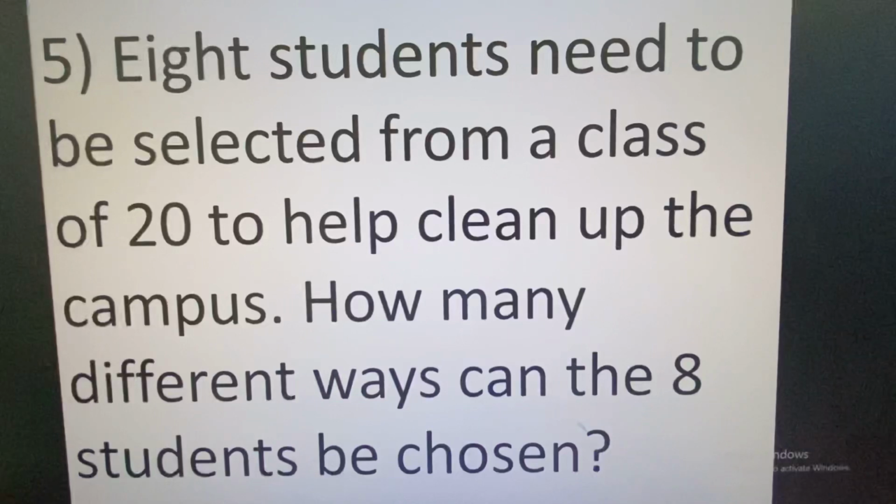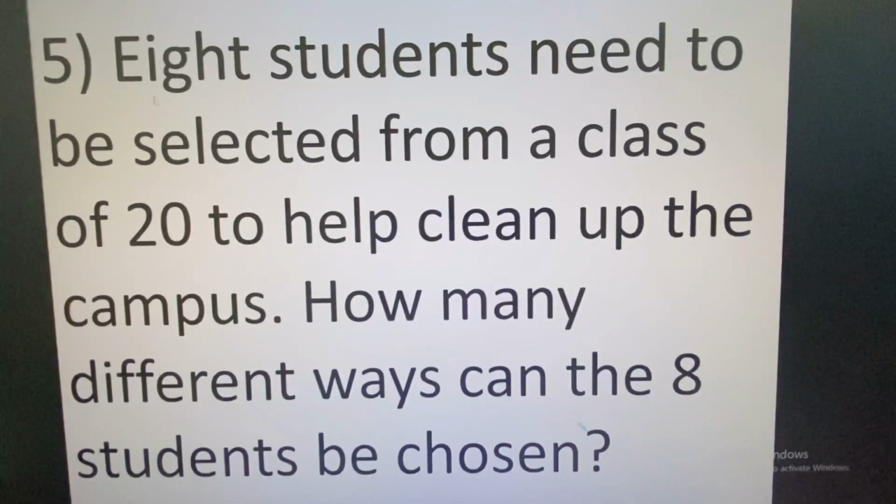Next question number 5. 8 students need to be selected from a class of 20 to help clean up the campus. How many different ways can the 8 students be chosen? So in this question, you will find out that the order does not matter.